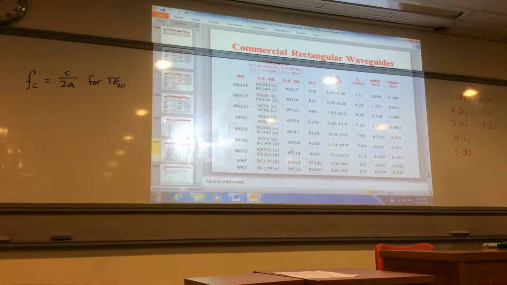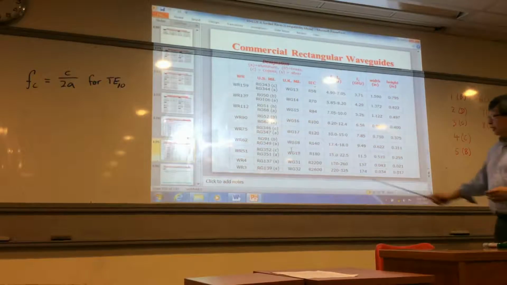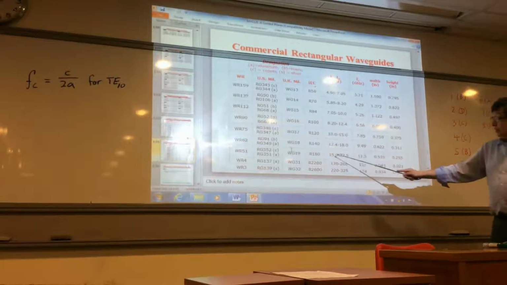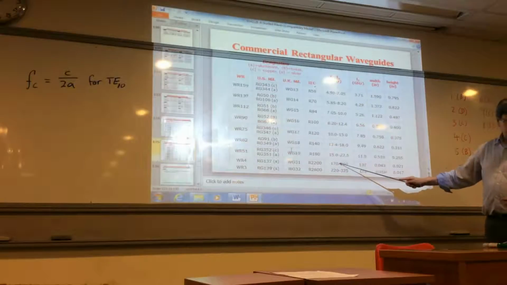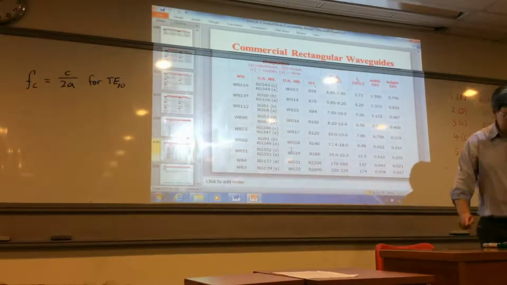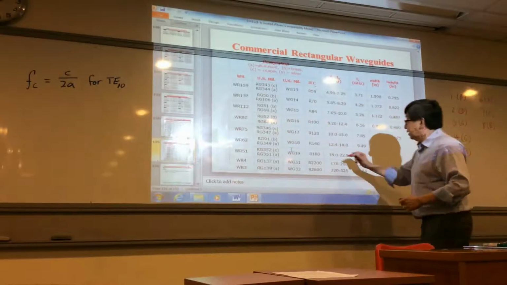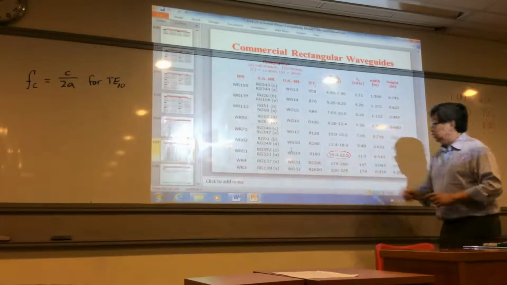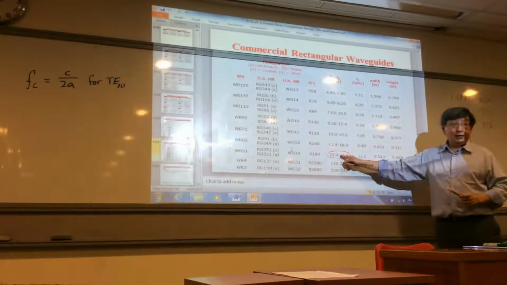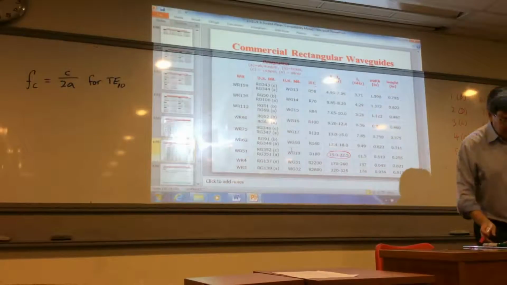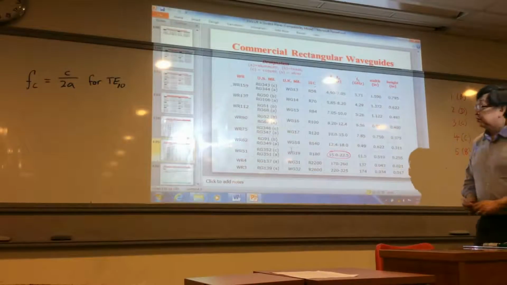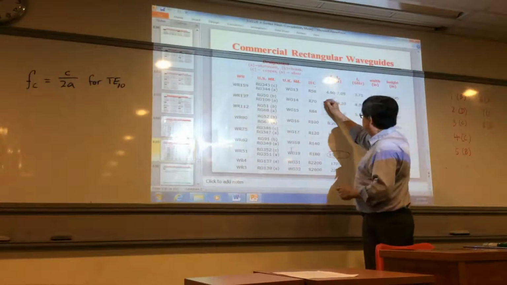Anyway, since we're on this page, for WR 51, we find that this is not possible. This is the recommended range, and 10 gigahertz does not appear inside your recommended range. And for WR 137, this is the recommended range.